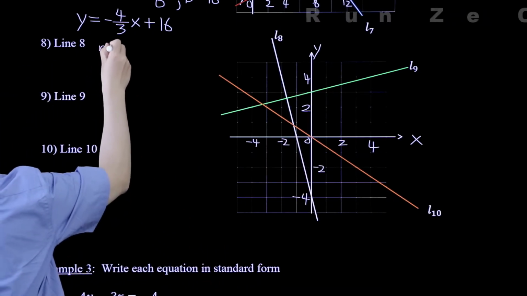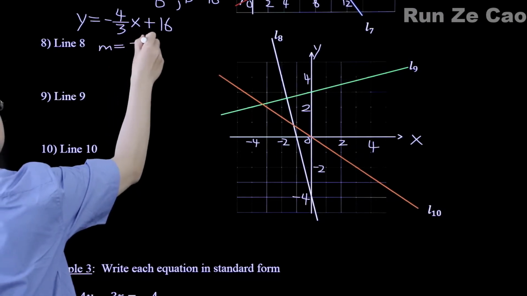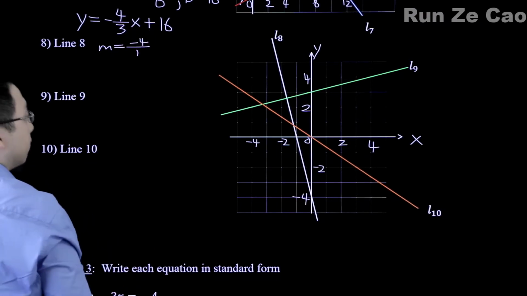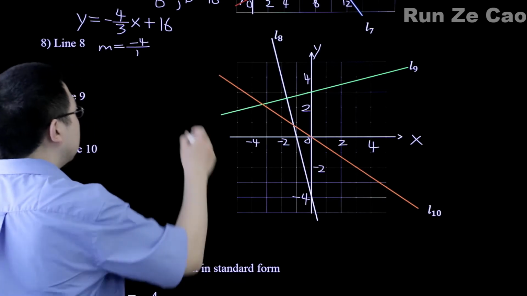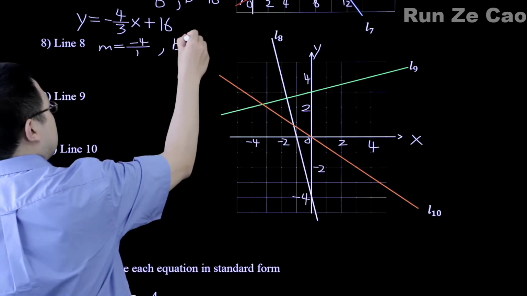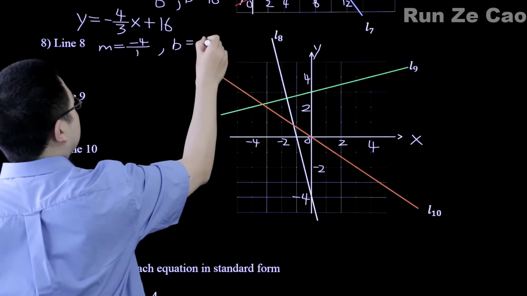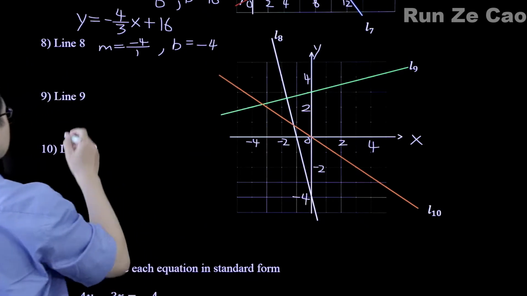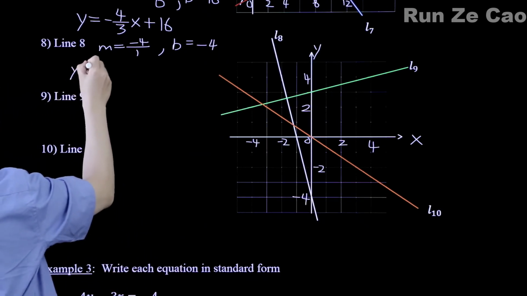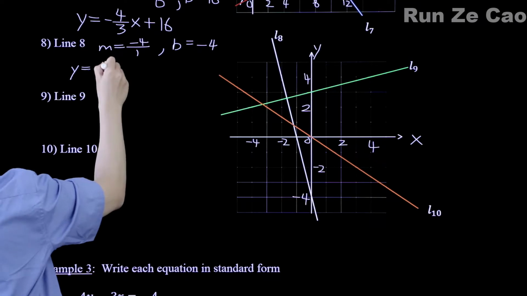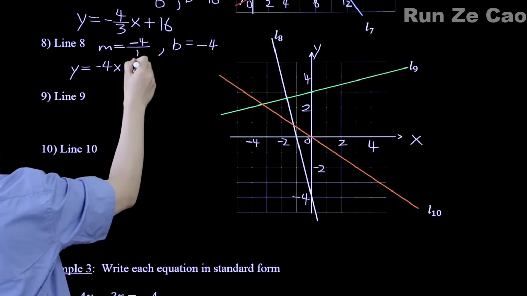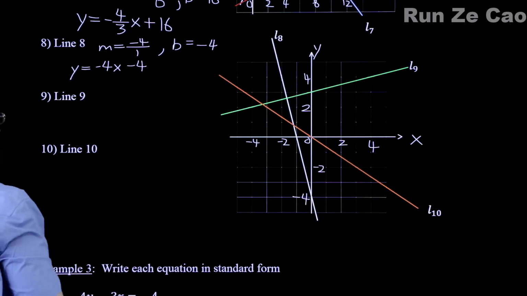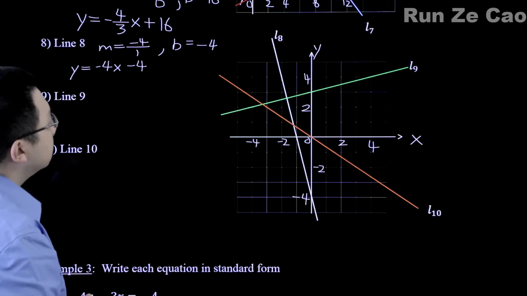So m equals -4 over 1, which is -4. And b equals -4. So y equals -4x minus 4.